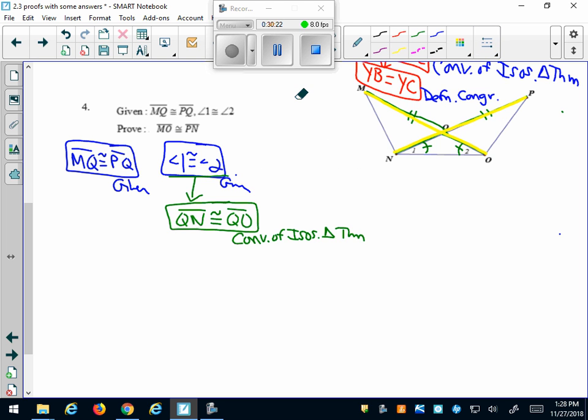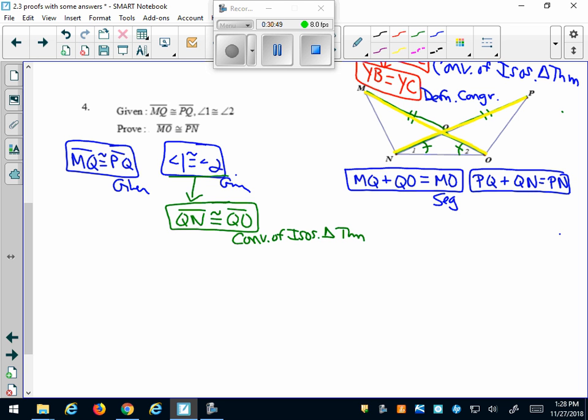We want to say MQ plus QO equals MO, and PQ plus QN equals PN.